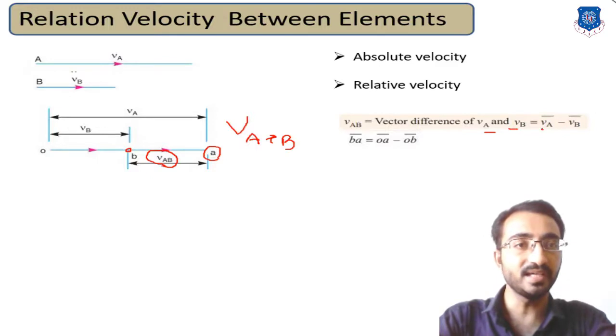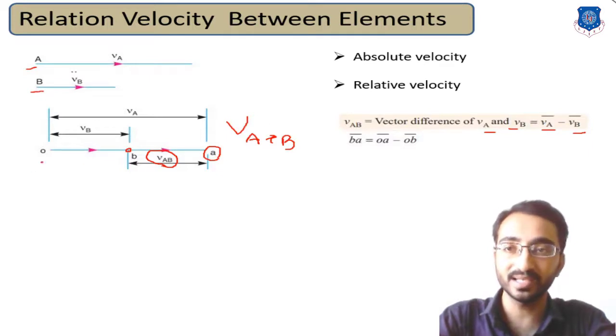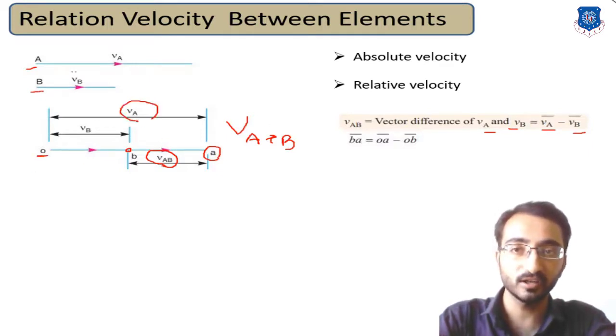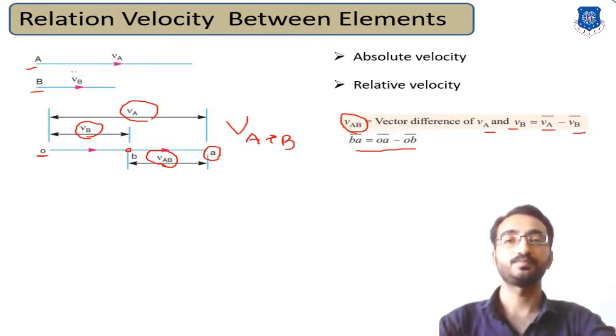Let's consider VA as the vector of velocity of point A and VB as the vector of velocity of point B. With reference to OA, which is defining the velocity of A, and OB, which is defining the velocity of point B, VA minus VB, or OA minus OB, will give you the velocity of point A with reference to point B.